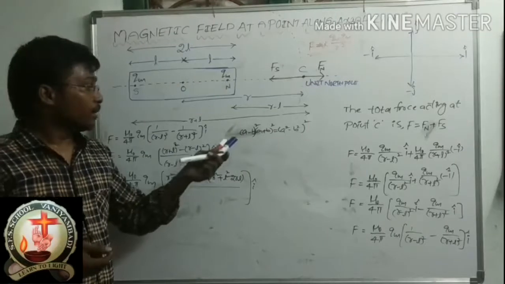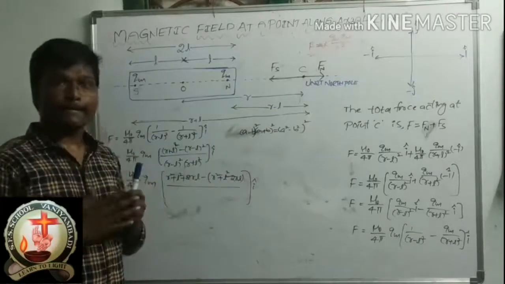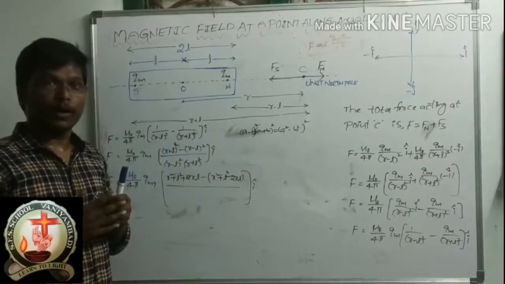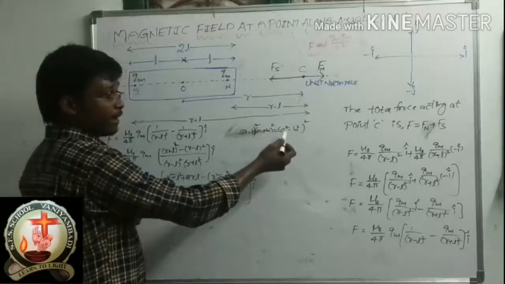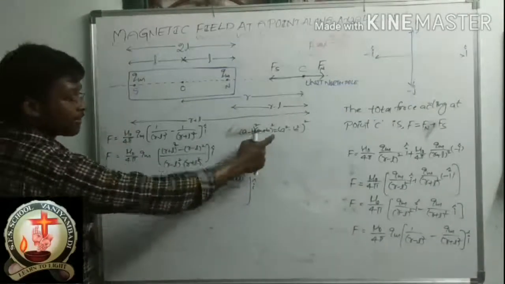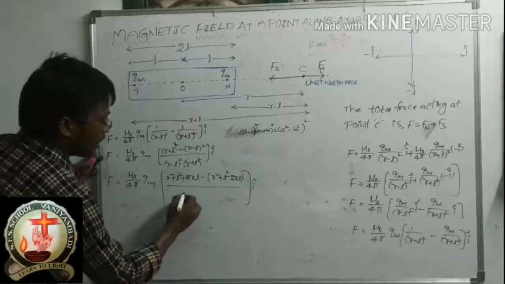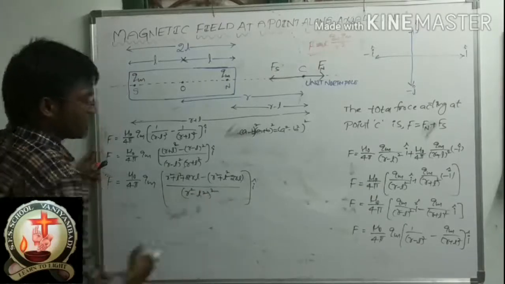According to this formula, we can write this as R square minus L square whole square.